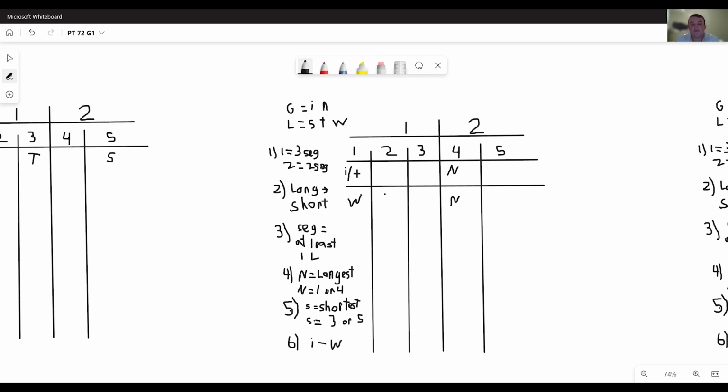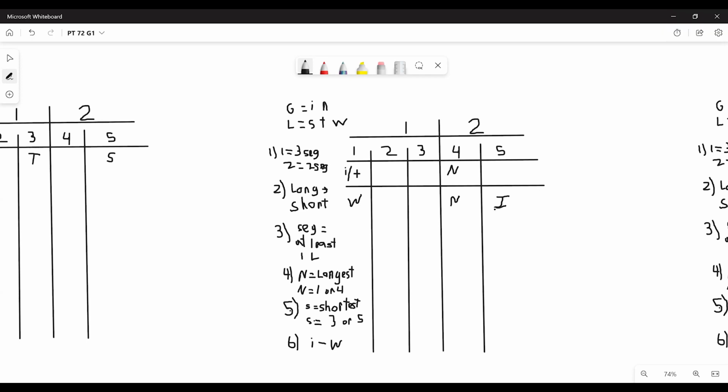If I put W at 1, then I cannot be 1, 2, or 3, because of rule 6 saying I has to be before W if they're in the same segment. So I would have to be in spot 5, but N and I cannot be in segment 2 together because of rule 3, which says each segment has to have at least one local, and both of these are general.